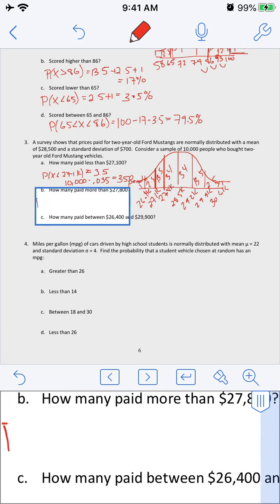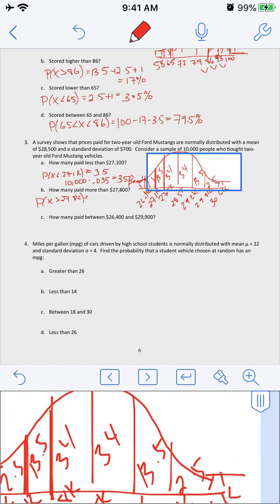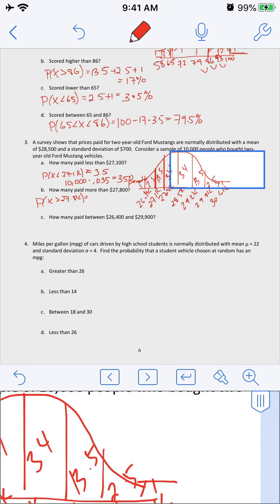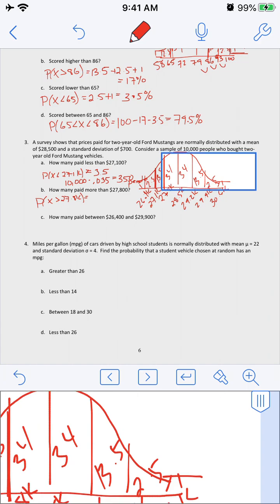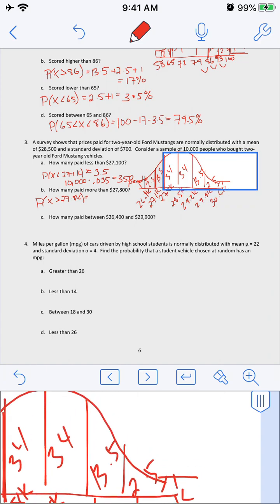The probability of that, so greater than 27.8K, is 13.5 plus 34 plus 34 plus 13.5 plus 2.5 plus 1 would be, oops, should not have put a 13.5 in there, right? Because it starts at 34. So it's this half of the graph, because there's that 27.8, sorry, minus 13.5. 85%.